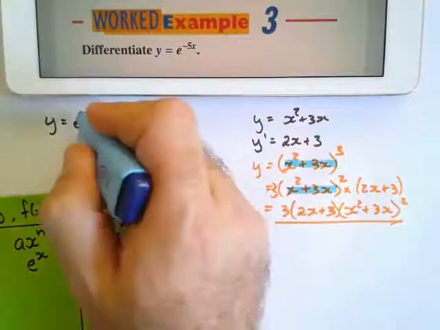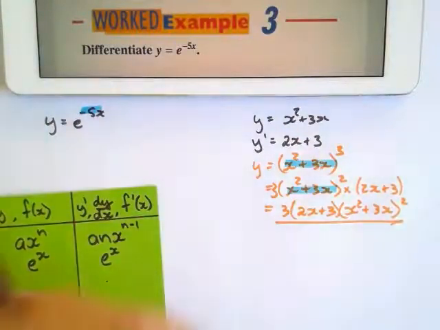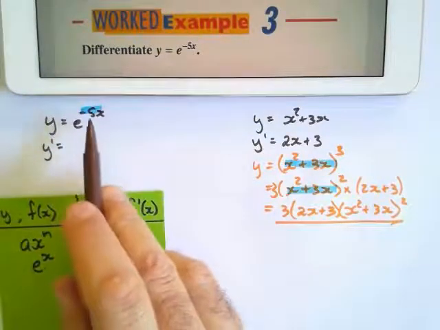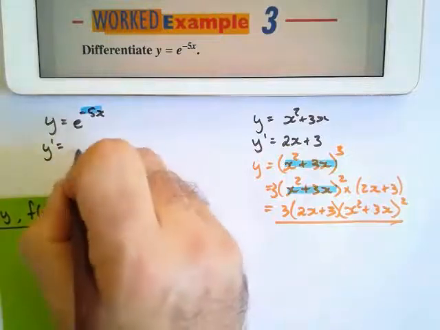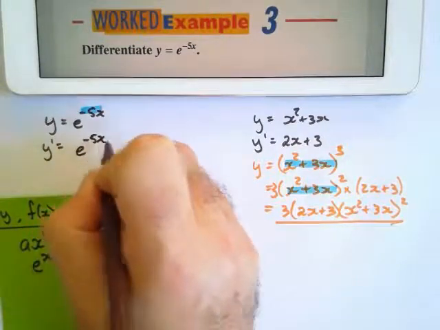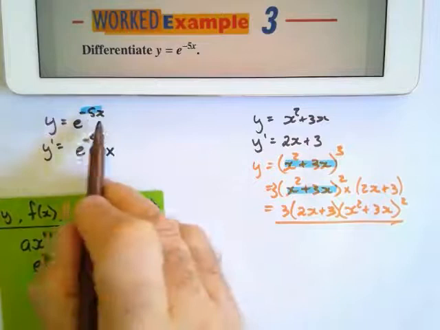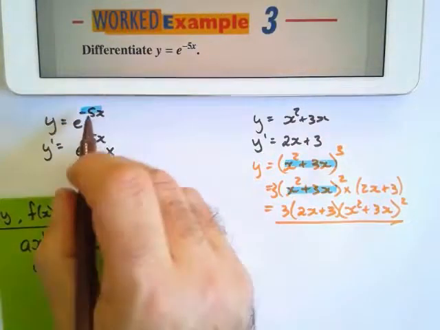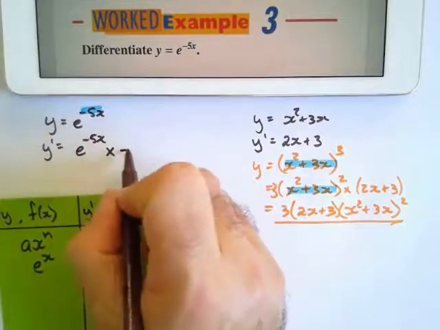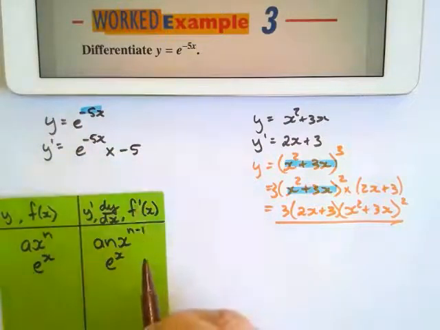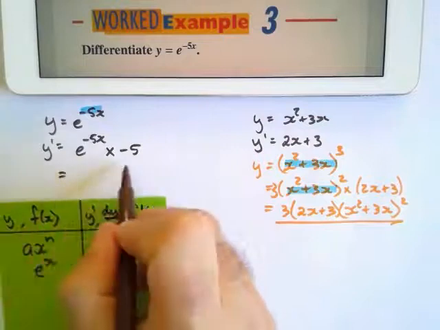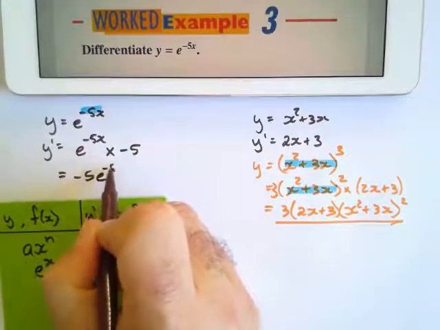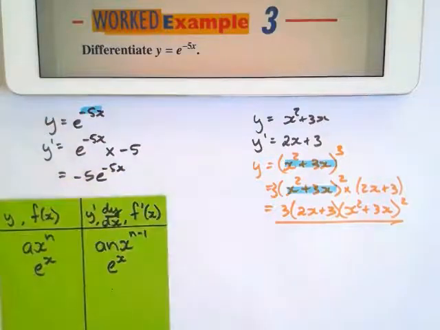So we're going to say the derivative of y equals e to the power something stays e to the power something, but then we're going to multiply by the derivative of that something. And the derivative of that something, the derivative of minus 5x, is negative 5. And that will give us then negative 5 e to the power minus 5x.